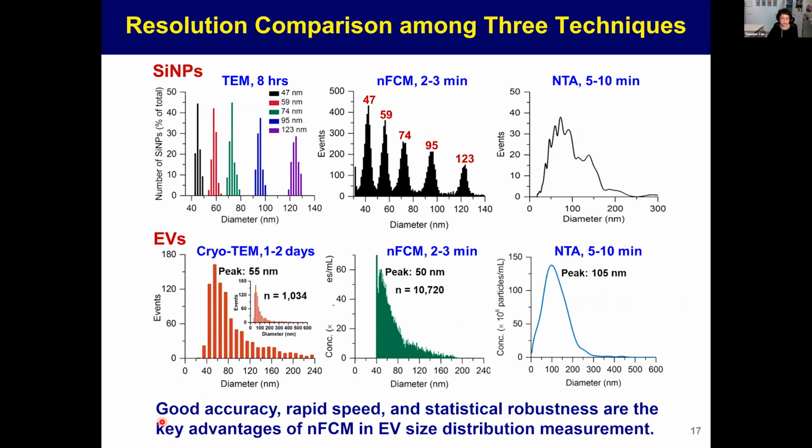So the good accuracy, the fast speed, and the statistical robustness are the key advantages of using flow cytometry for EV size measurement.